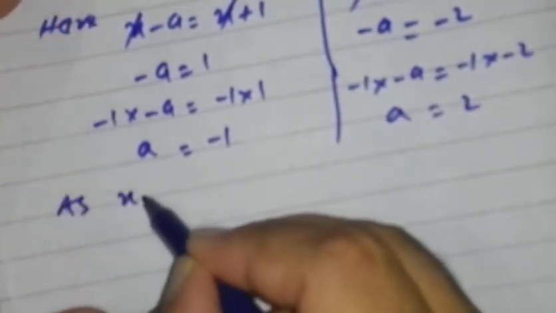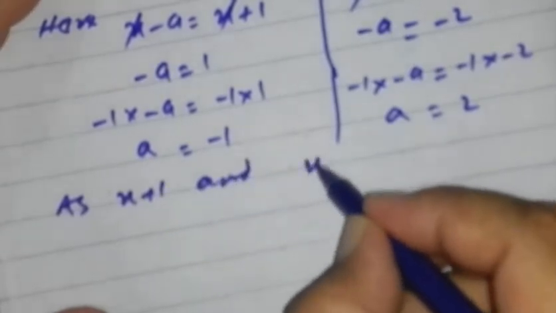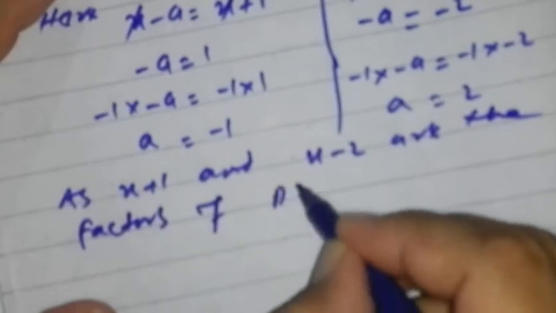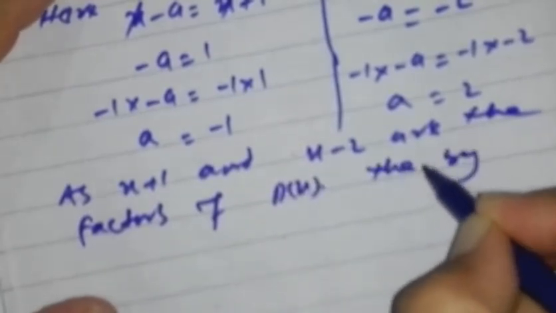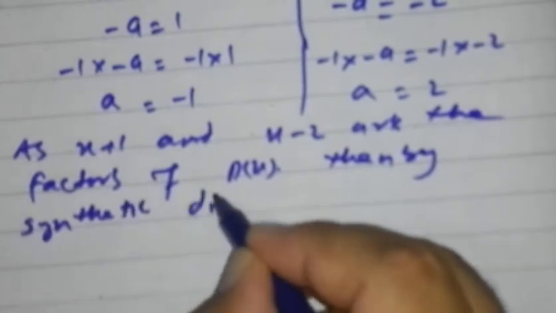As x plus 1 and x minus 2 are the factors of p of x, then by synthetic division we have, first draw two mutually perpendicular lines.